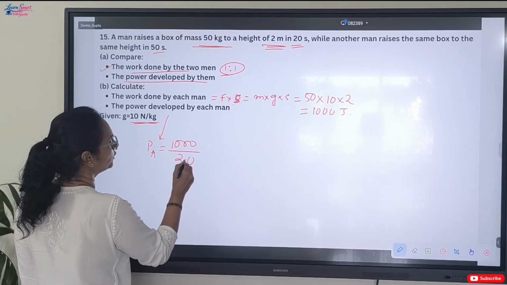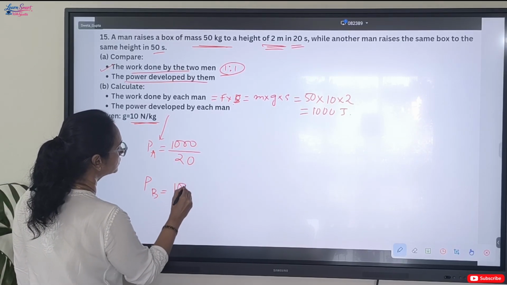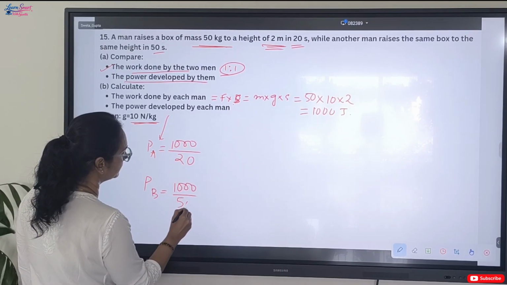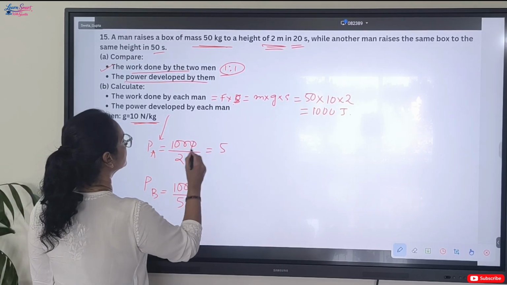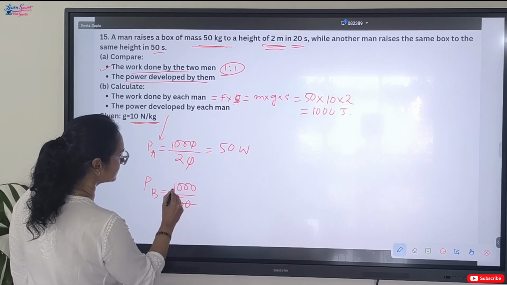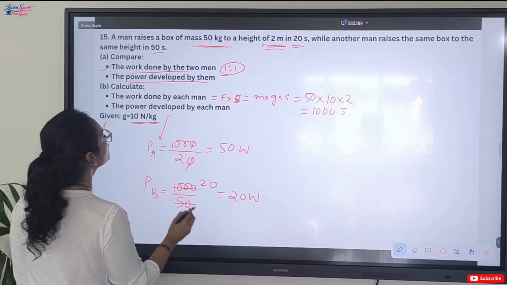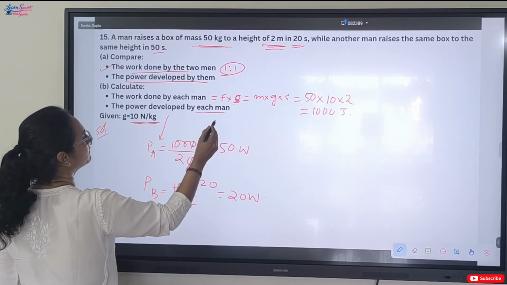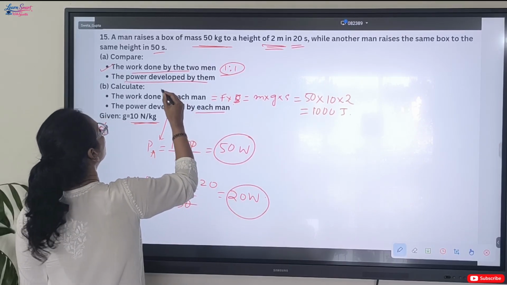So 1000 upon 20, and power of B is 1000 upon 50, right? Let's calculate. 50 watt, and power here is 20 watt.